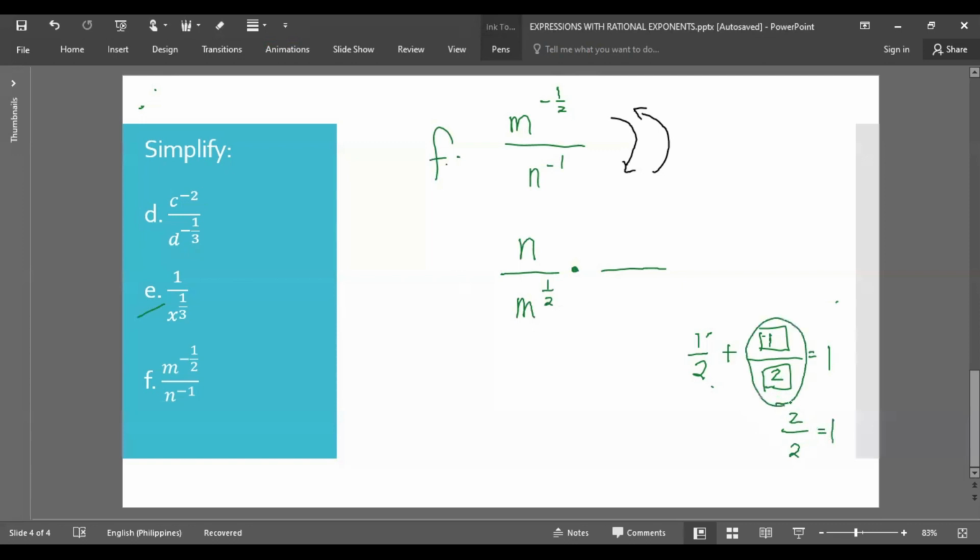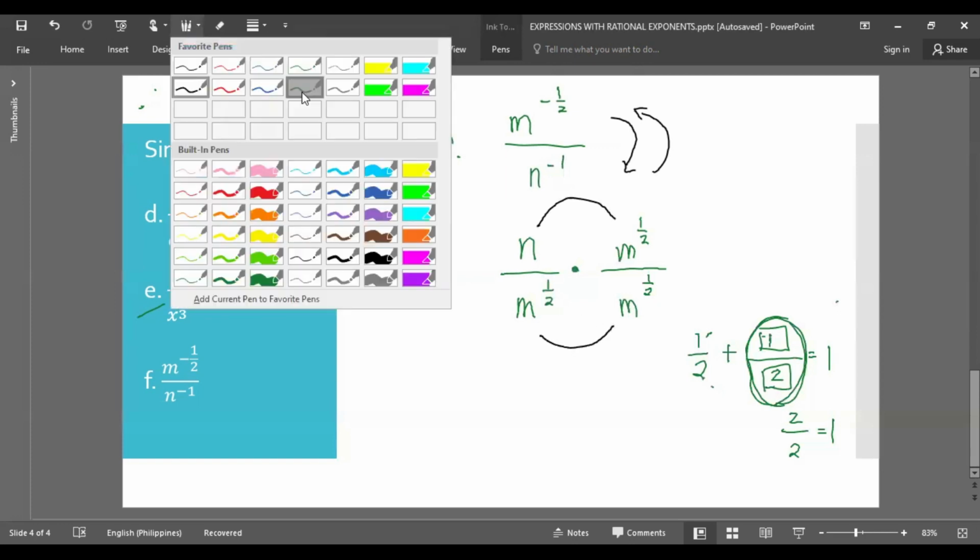Ito na yung hinahanap natin. So this time, copy the base in the denominator, then put the obtained fractional exponent, which is 1/2. And kung ano yung nasa denominator, parehas din sa numerator. Then numerator times numerator, denominator times denominator.